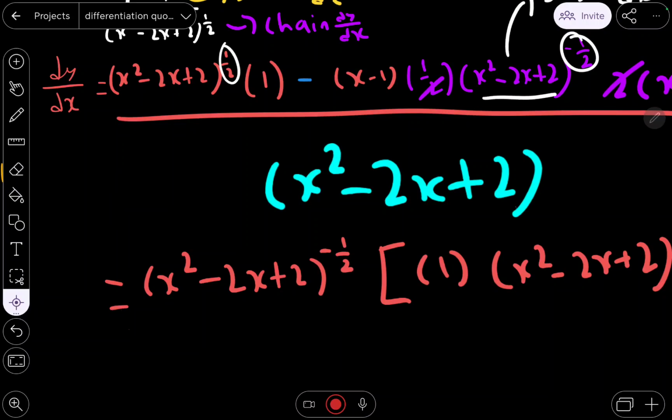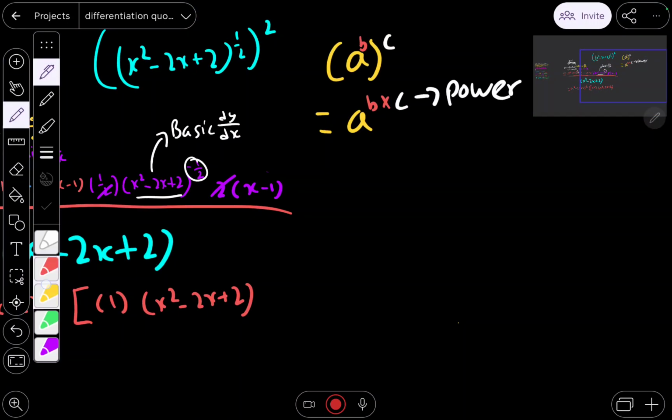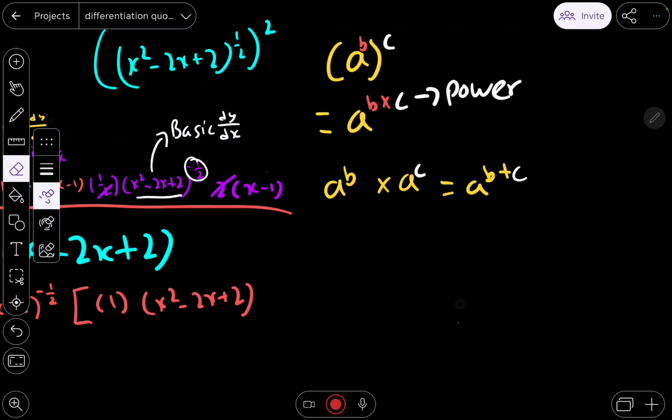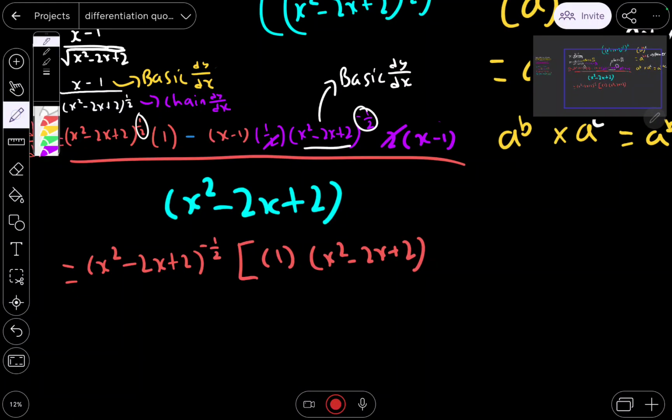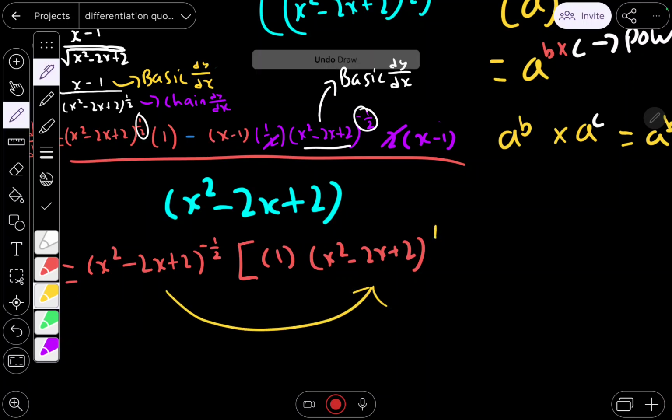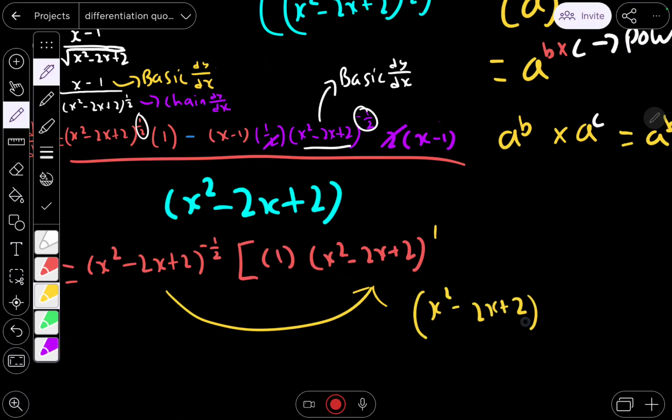So if I were to bring you back to indices, a^b times a^c is a^(b+c). So if we were to expand this one in here, and this is a power 1, isn't it the same as x squared minus 2x plus 2 to the power of minus half plus 1, and this one is just half?